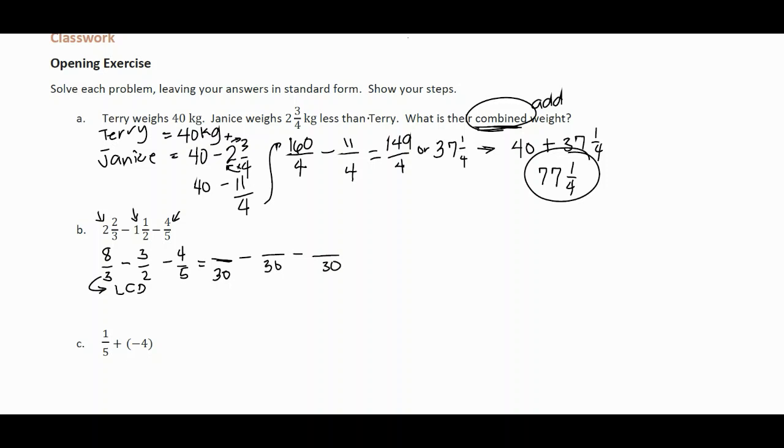Now what are we going to do once we got that? We're going to divide this new denominator by each one of them, and multiply it to the numerator.